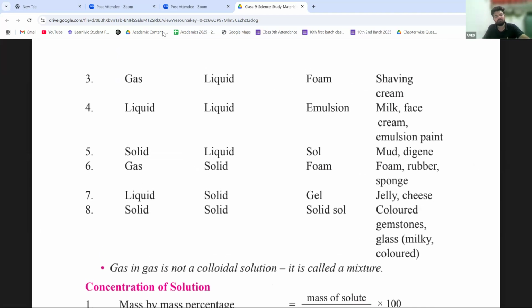It is not possible that you have noted. No, not the bottom ones, just the top ones. Do this one. 3, 4, 5, 6, 7, 8.